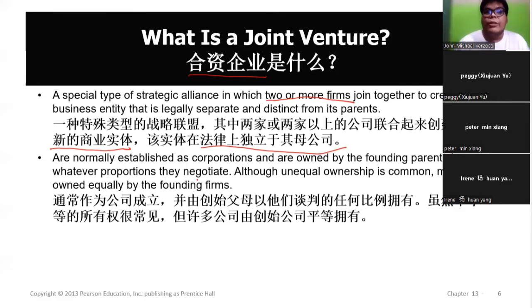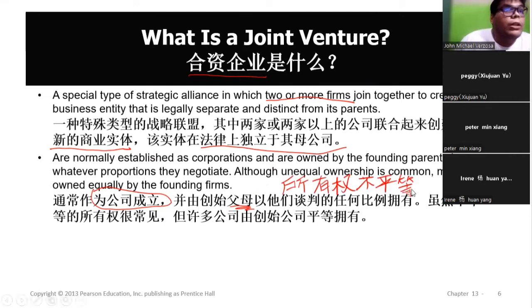They are normally established as corporations and are owned by the founding parents in whatever proportions they negotiate. Although unequal ownership is common, there are many wholly owned equally by the founding firms.